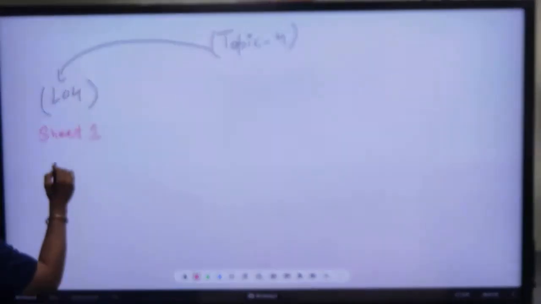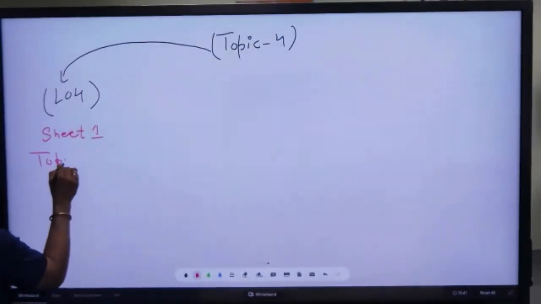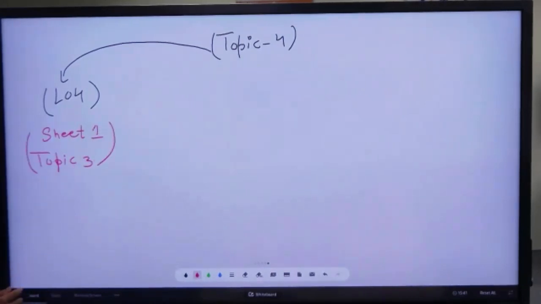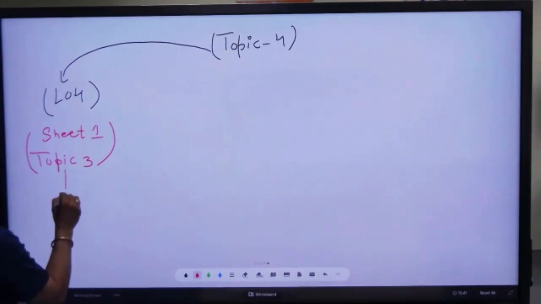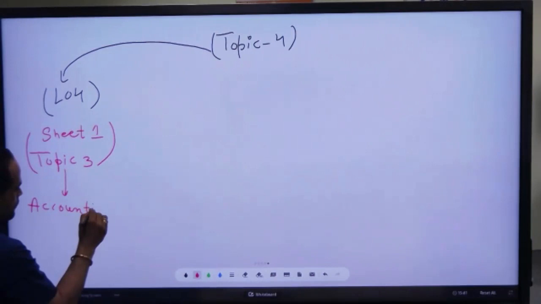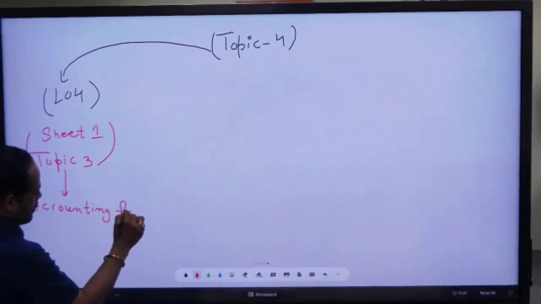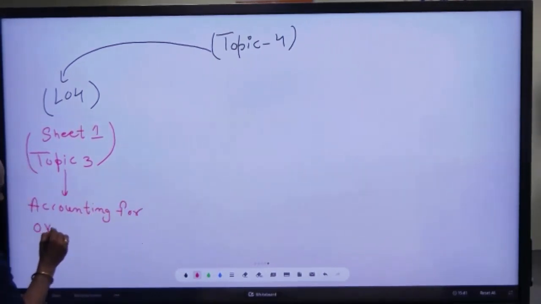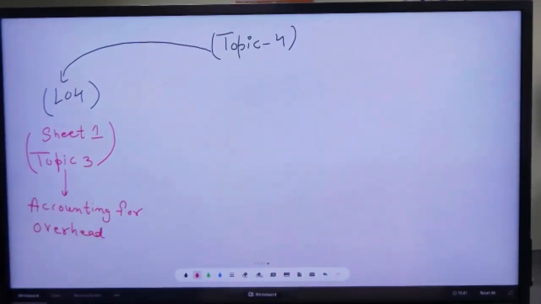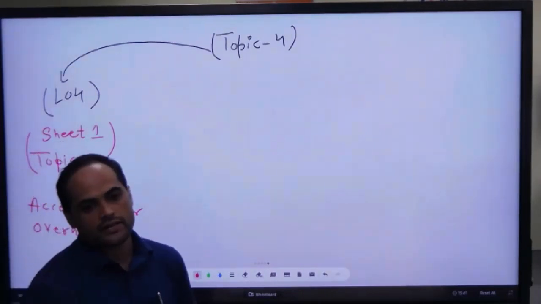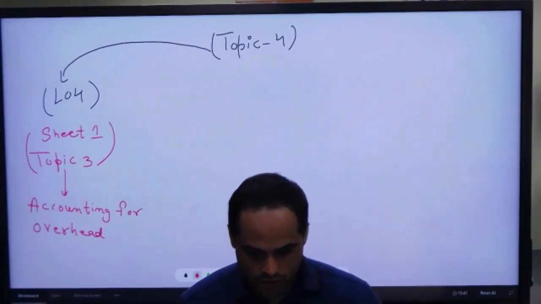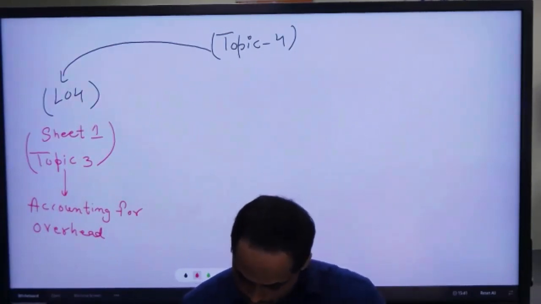This sheet 1, topic 3 explains accounting for overheads. So that's the idea for your learning outcome 4, right? That I already covered. All right.